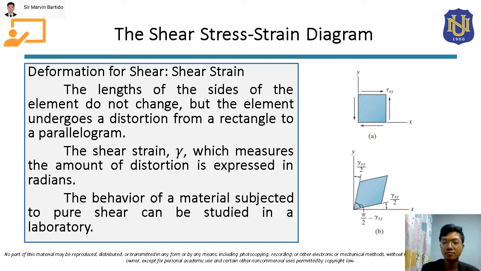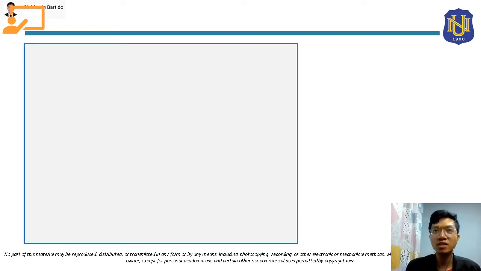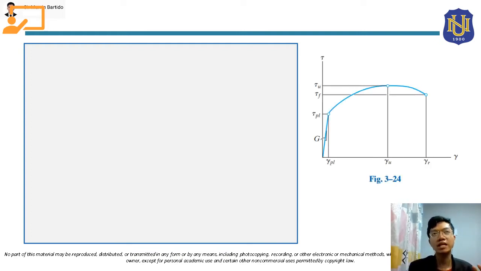The data obtained from the laboratory experiment for a material subjected to a pure shear can be used to determine the shear stress and shear strain, and a shear stress strain diagram can be plotted. Just like in the normal stress strain diagram, the vertical axis will be for the values of stress.